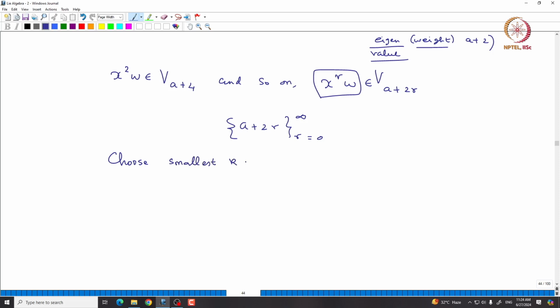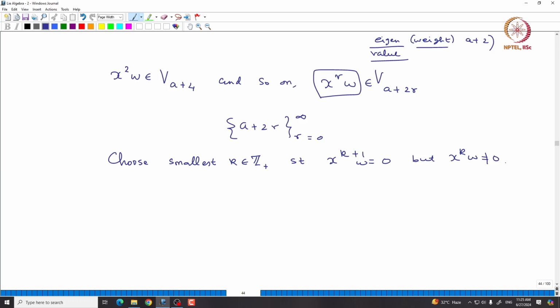Okay. So, choose the smallest k such that x power k plus 1 w is 0, but x power k w is nonzero. Okay. So, this can always be done.